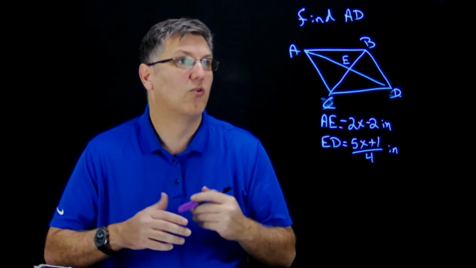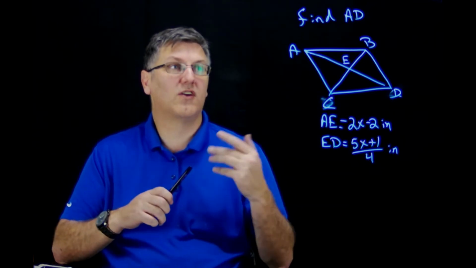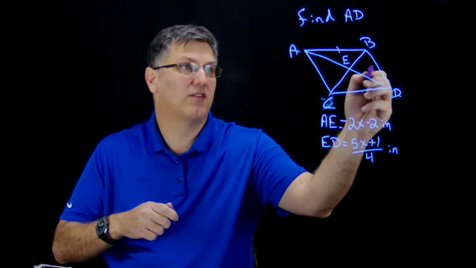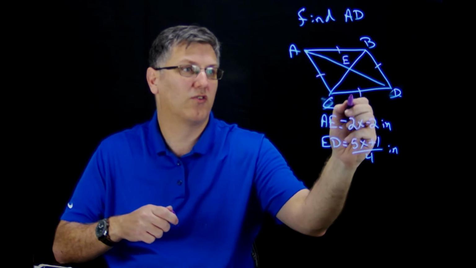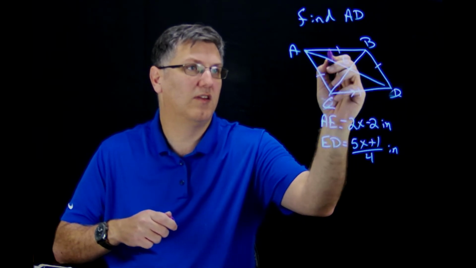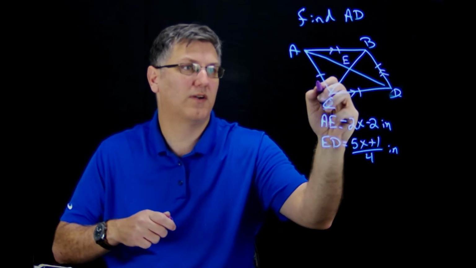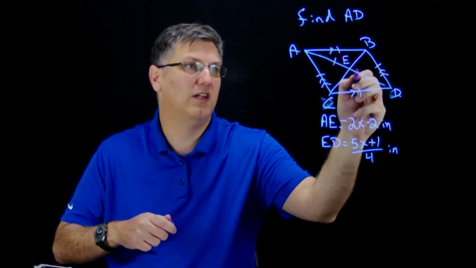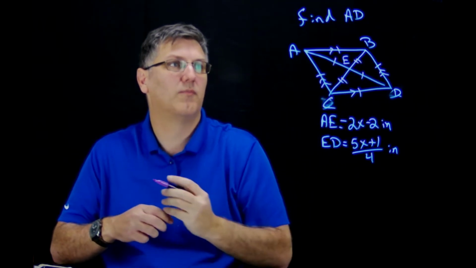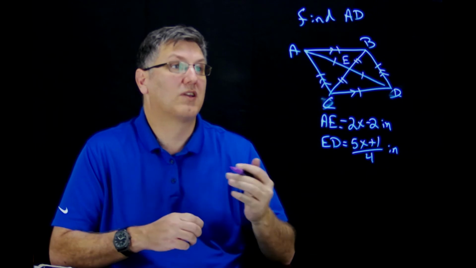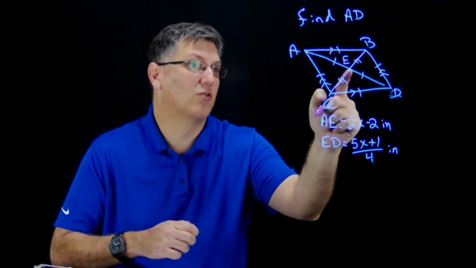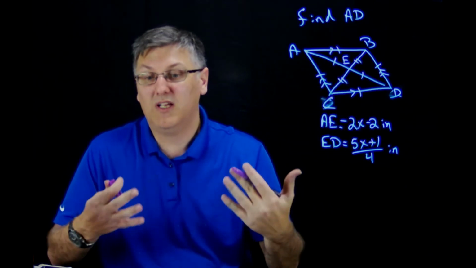Okay, so the fact that this is a rhombus, meaning that these are the same length, all the same, and these two are parallel, these are parallel. That tells me that these bisect each other. So really what that tells me is AE is congruent to ED. Congruent, equal sign.